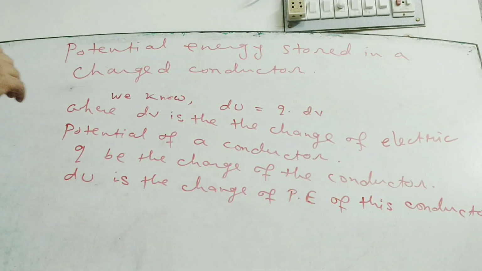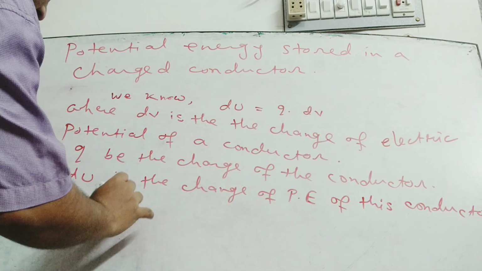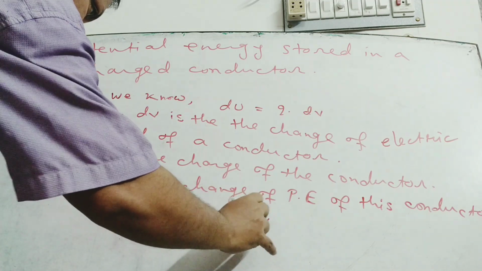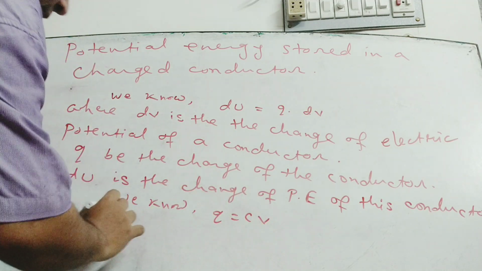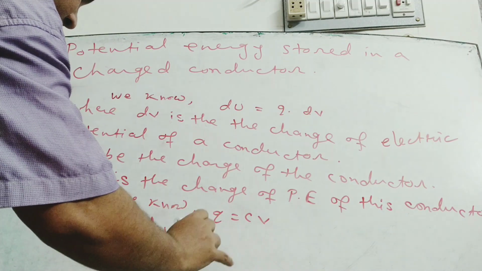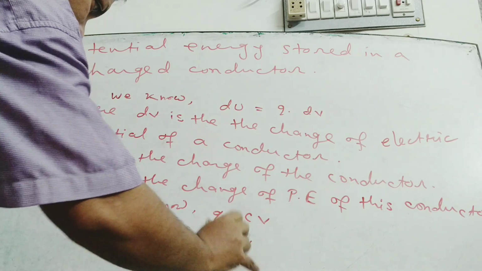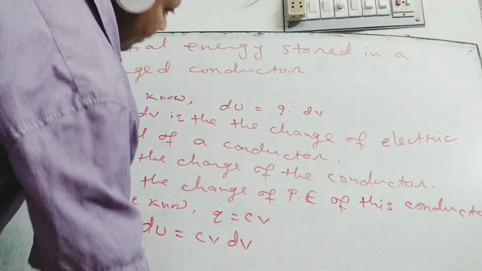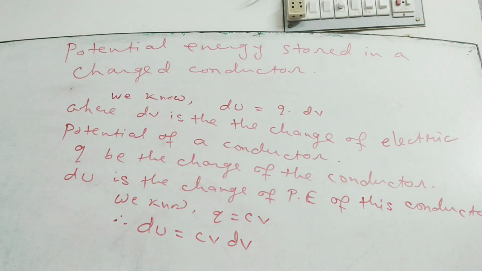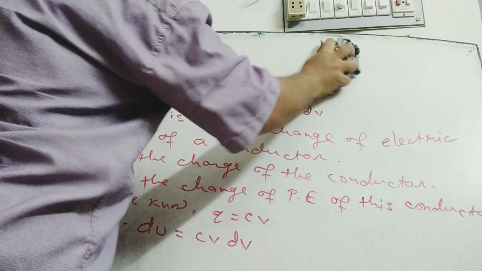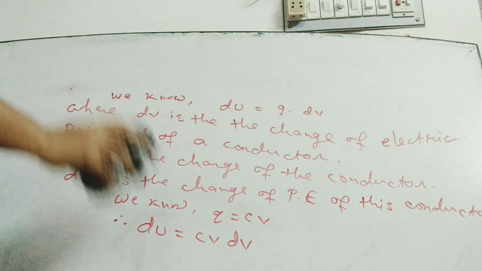Again we know q is equal to C into V. Therefore dU is equal to CV into dV. To find out the electric potential energy stored in the charged conductor, we are to integrate both sides.